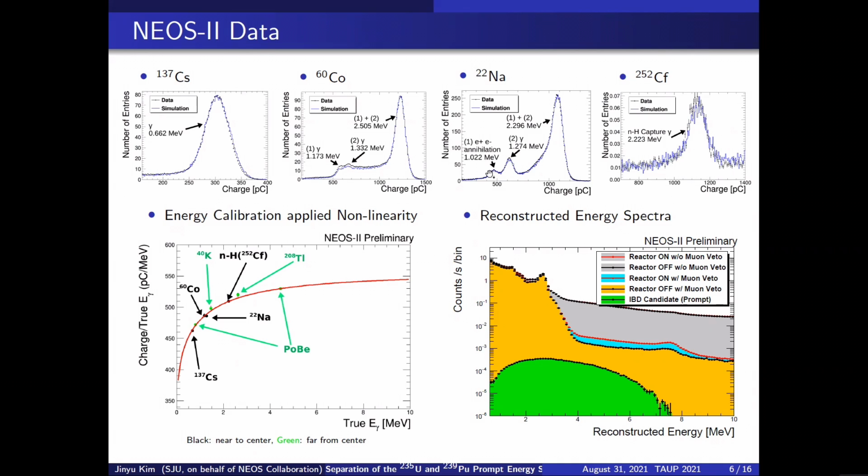These plots are charge distributions of calibration sources. Simulation fits data well, and by using these sources and other radioactivities, a charge-energy curve is obtained. By using this curve, energy reconstruction is done for NEOS 2 data.